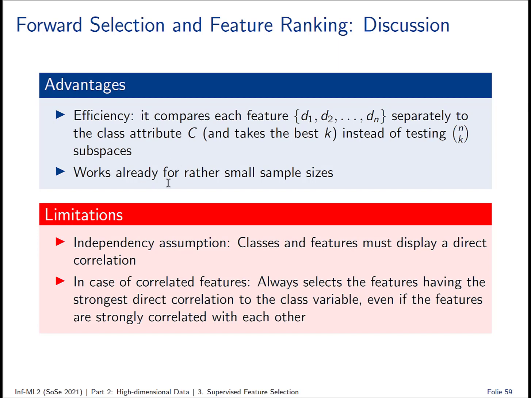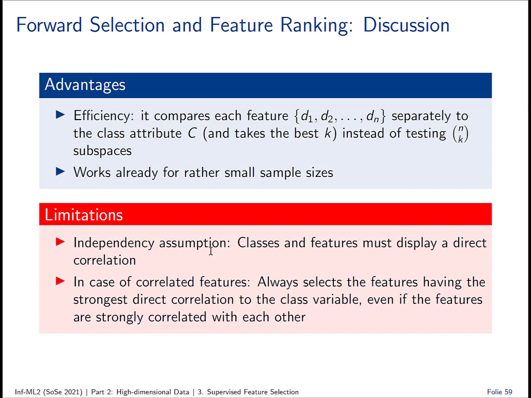And it works rather well for small sample sizes. All those measures are okay in terms of stability, even for small sample sets. The biggest limitation is obviously this independence assumption, which brings us very good efficiency.